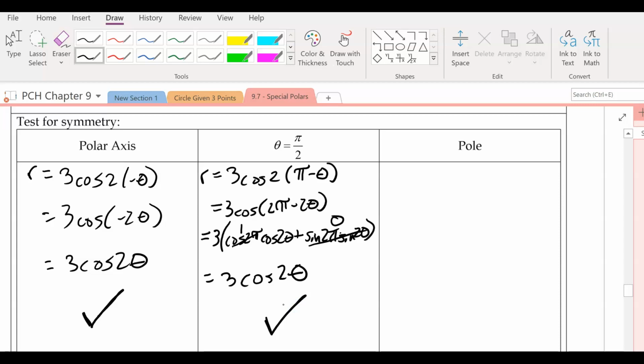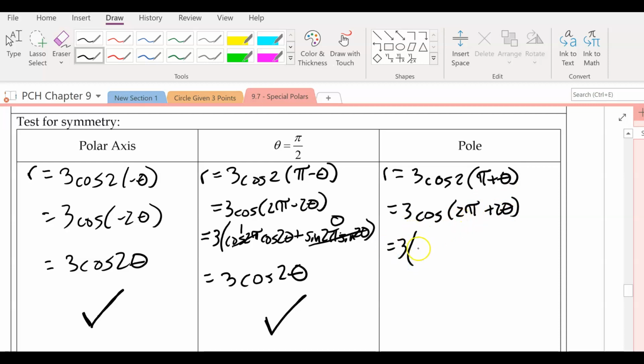And let's check for symmetry with respect to the pole. So now we're going to replace our theta with 2 pi plus theta. So we have 3 cosine 2 pi plus 2 theta. Again, we'll go ahead and use the sum formula for cosine.